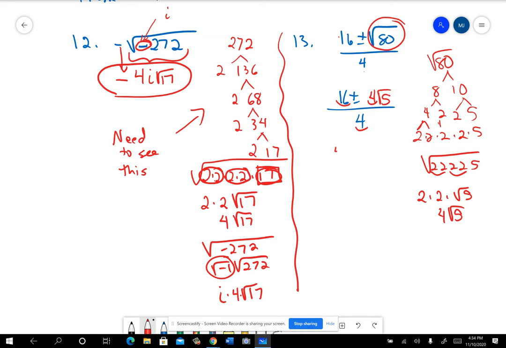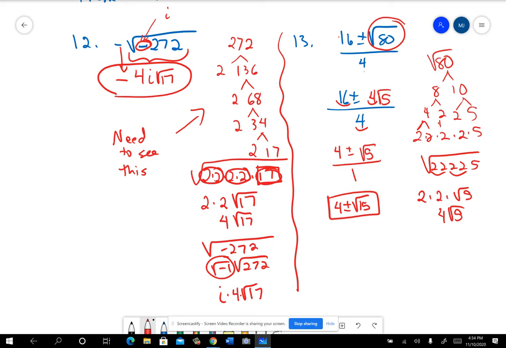So we'll divide by 4 everywhere. 4 into 16 goes 4 times. 4 divided into 4 would be 1. So that'd be 1 square root of 5. 4 divided by 4 would be 1. And then if you divide by 1, okay, that's the same as the number itself. So there you have it. That would be your final answer on number 13.